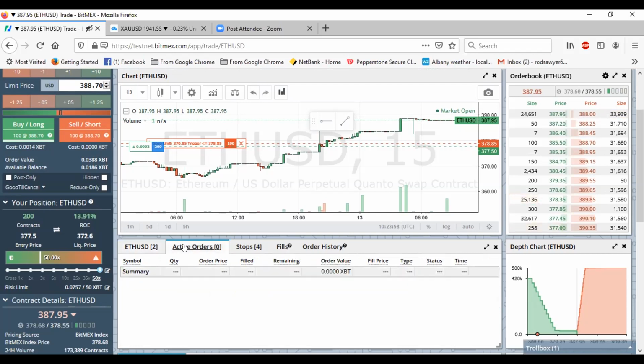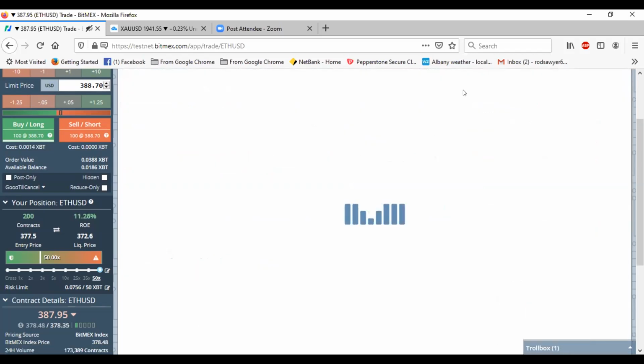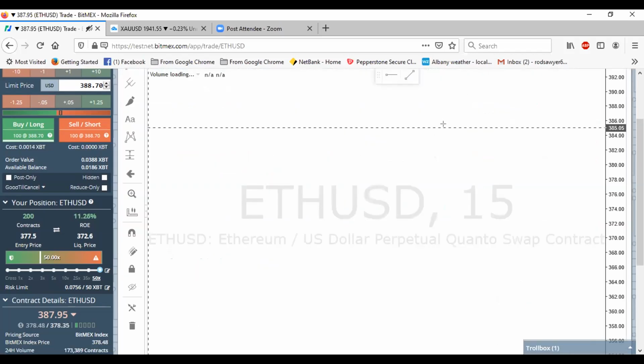So basically now I've taken out two take profit lines. Will one still cut out and the other one keep going? Just let me bring this back up.